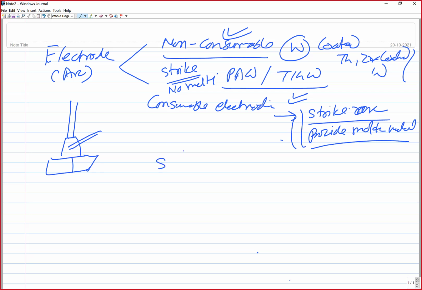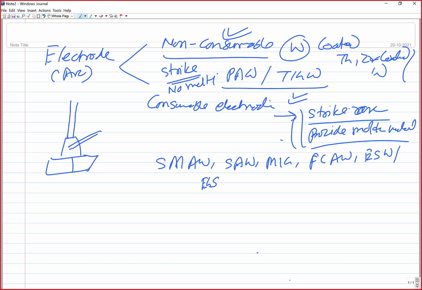The whole range of consumable electrode welding processes includes shielded metal arc welding, SMAW, submerged arc welding, MIG welding, flux core arc welding, FCAW, electro slag welding, and electro gas welding.